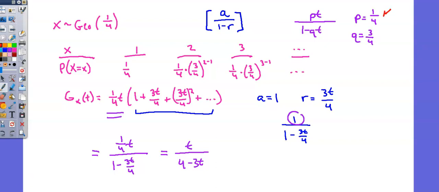And notice that the 1 over 4 and the 3 over 4, in place of p and q, down at the bottom before my final simplification, I have the 1 over 4 in the numerator and the 3 over 4 in the denominator. And in our final scenario, we'll consider a Poisson distribution.